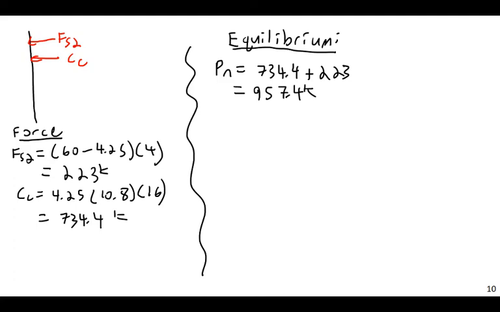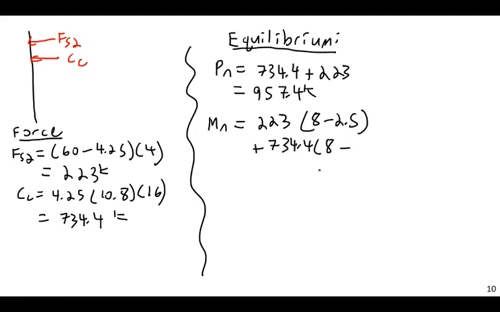Now, the moment capacity. My notes are clipped off a bit here, but the nominal moment capacity is going to be 223 times (8 minus 2.5) plus 734.4 times (8 minus 10.8 over 2).